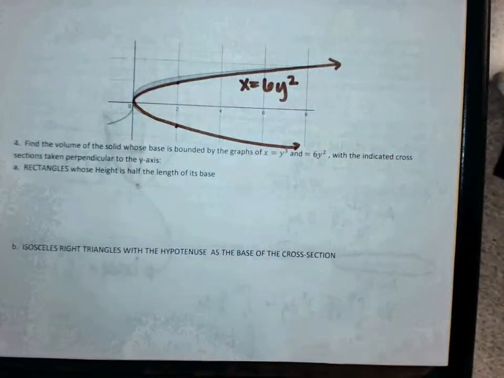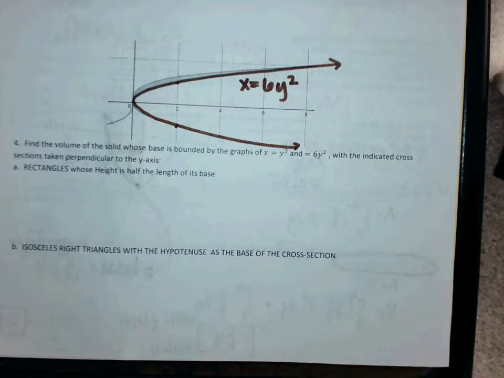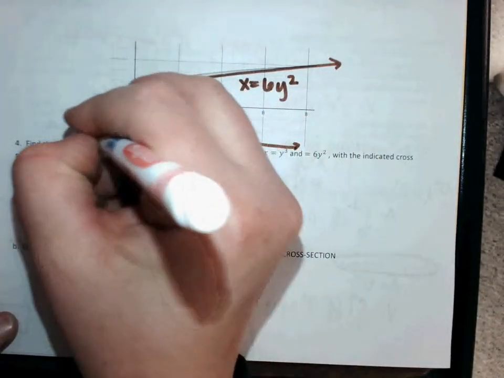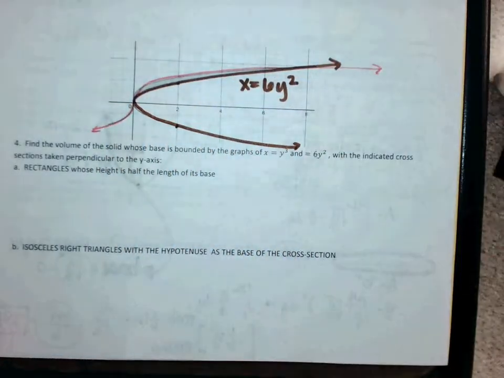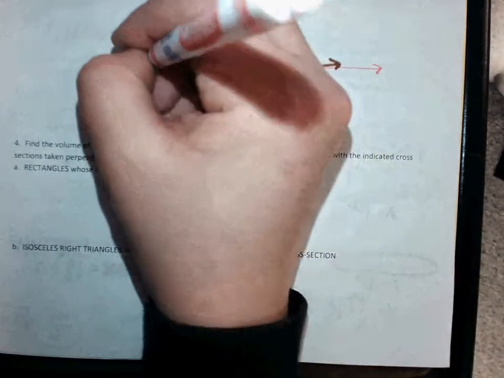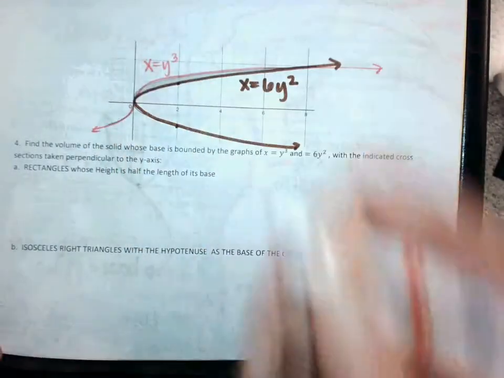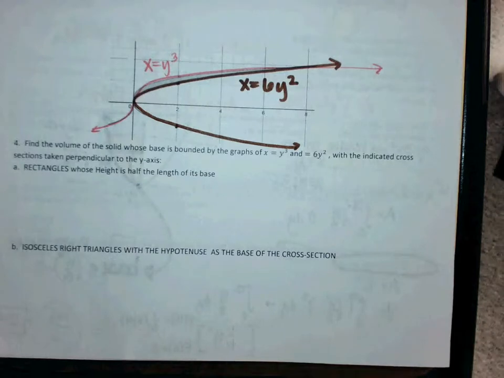And then on the other side, if it's a cubic graph, then that should make sense why it's shaped like that. So this one is x equals y cubed. So the first thing says find the volume of a solid whose base is bounded by y cubed and 6y squared with the indicated cross sections perpendicular to the y-axis.